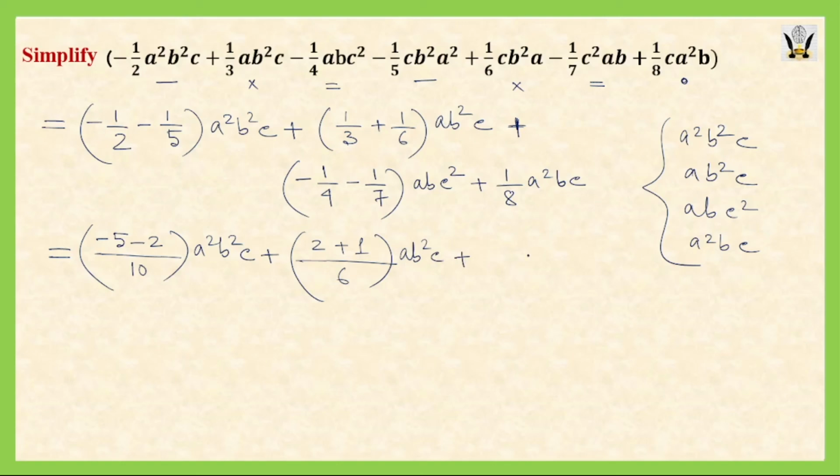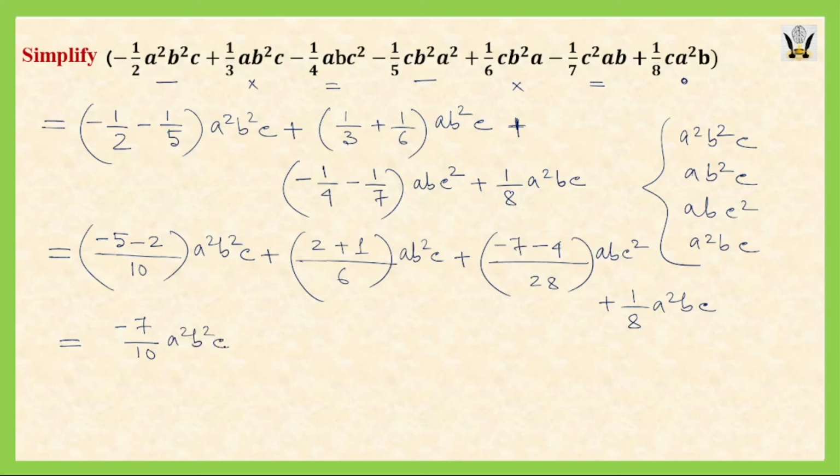Then for this term, the LCM will be 4 7s are 28. 28 divided by 4, the quotient will be 7, so it will be minus 7, and 28 divided by 7 is 4, so it will be minus 4, and it is abc square. Then the last term is 1/8 a square bc.